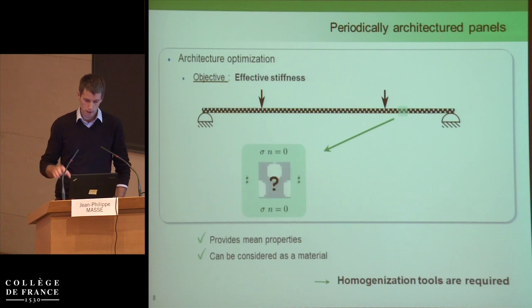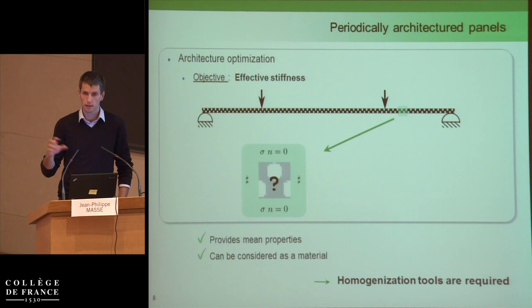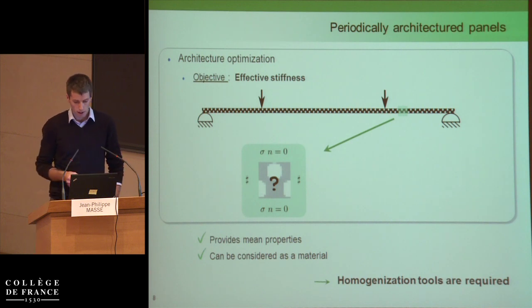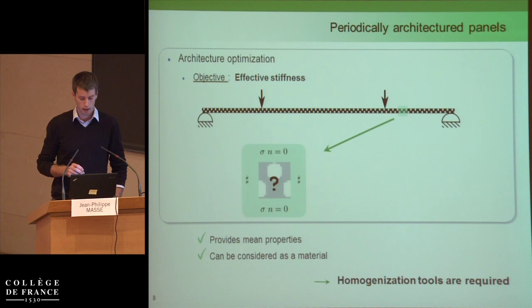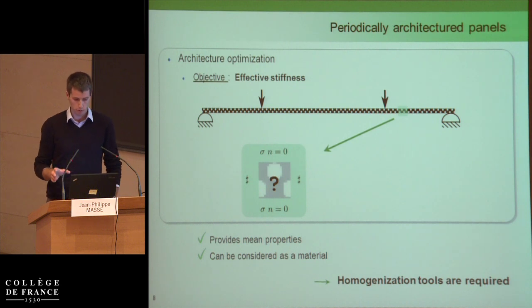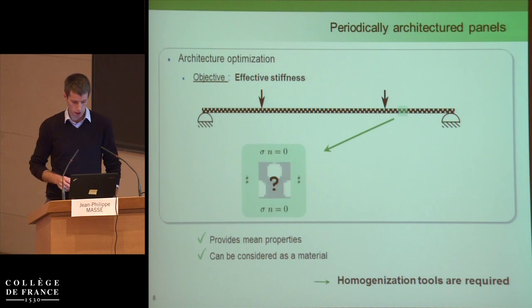So we will be more interested in a periodic pattern repeated all along the panel. And so the question is how to distribute the matter in this unit cell to provide the best compromise between, here only talking about mechanical properties, bending, flexion, and shear.